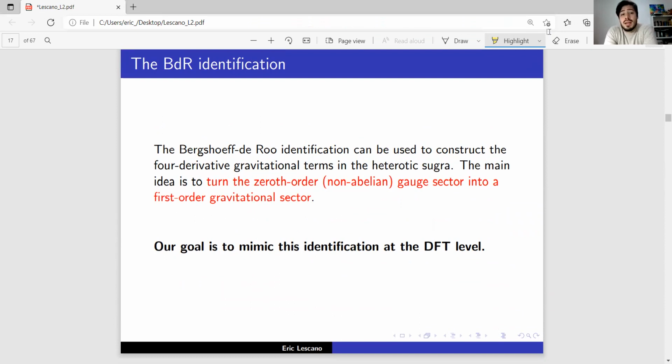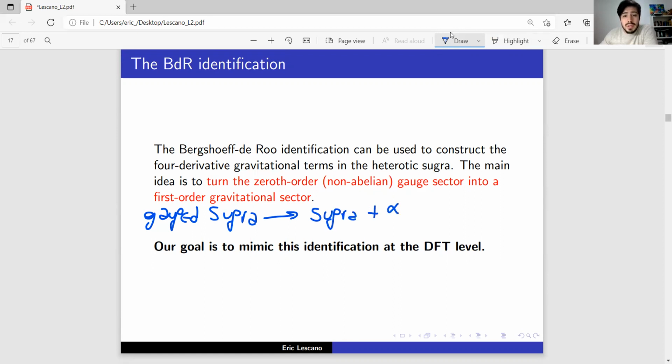And the main idea of this identification is to turn the zeroth order non-abelian gauge sector into a first order gravitational sector. So the main idea is to start with the gauge Sugra, and this zeroth order gauge Sugra turns into just a Sugra plus alpha prime corrections.